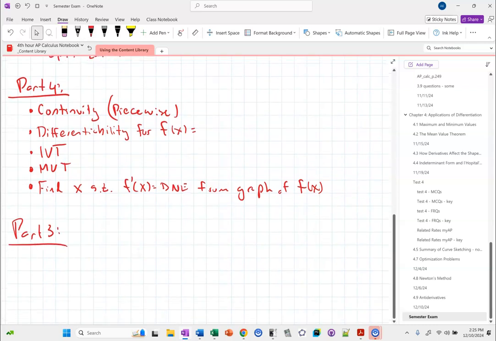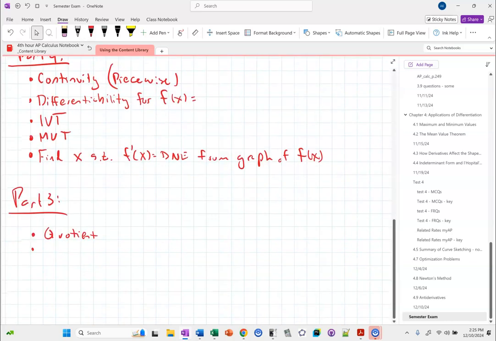Part 3 is just doing derivatives, right? You only have one problem that has to include multiple derivative rules.